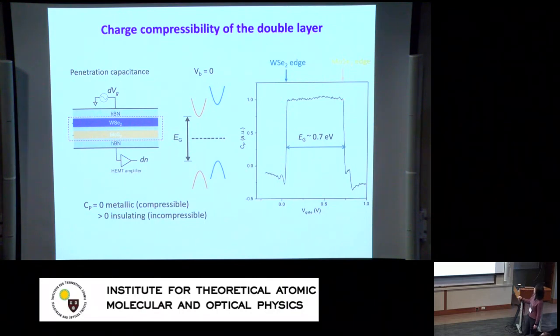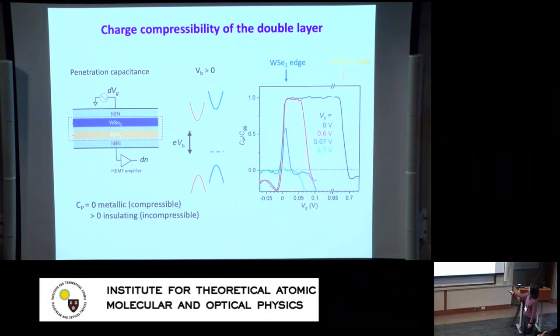When the Fermi level is inside the gap, the AC electric field can penetrate through, and you get a large capacitance. And that's what this is. Those two edges are the electron and hole band edges. So you can either read the gap from the separation between the two, or just integrate. You get a value for the gap size.